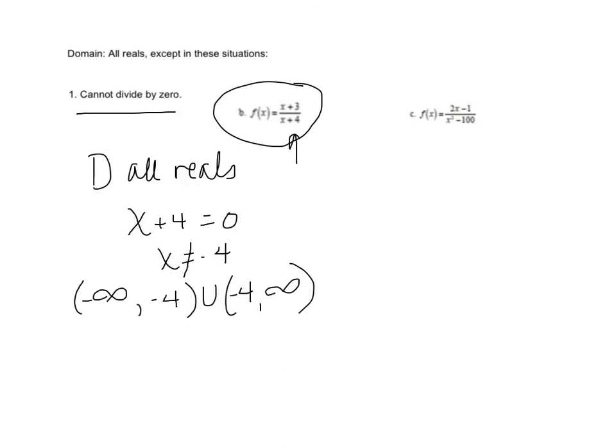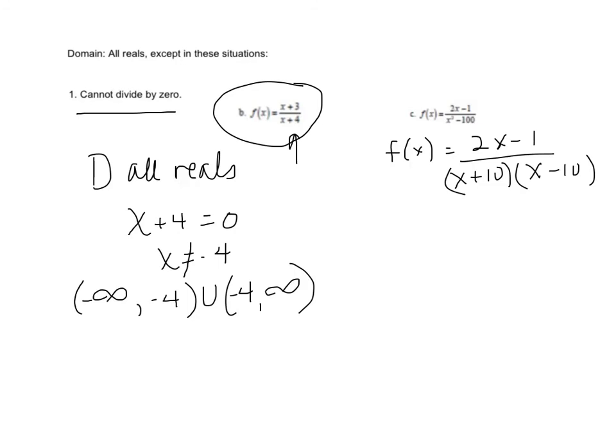Now, if you're going to do this problem right here, which is kind of hard to see, the denominator is x squared minus 100. Well, x squared minus 100 factors. I don't really care what the numerator is when I'm doing domain. I would have x plus 10, x minus 10, right?